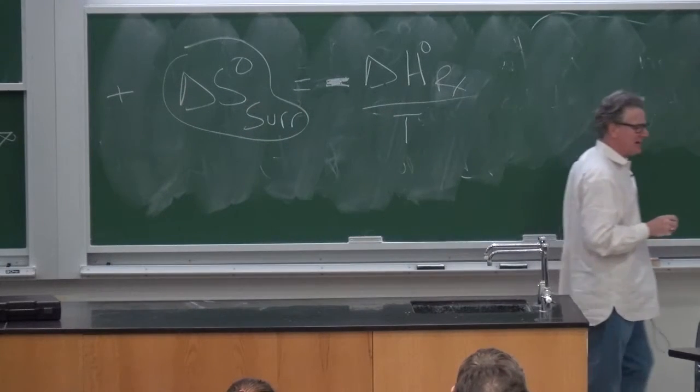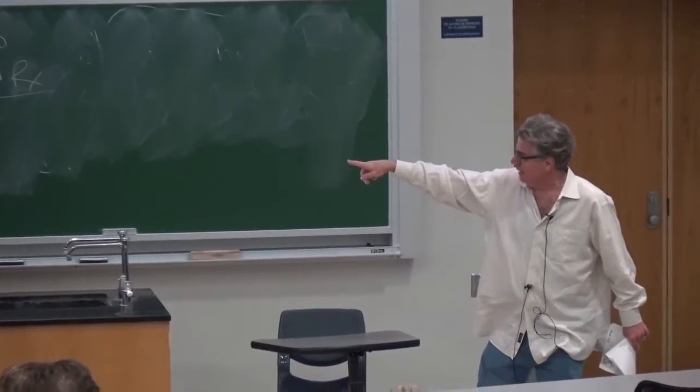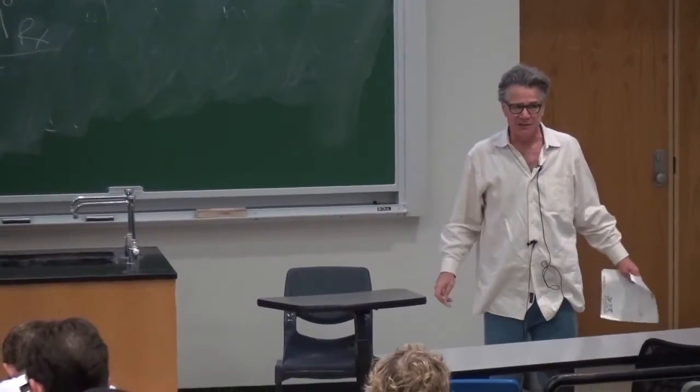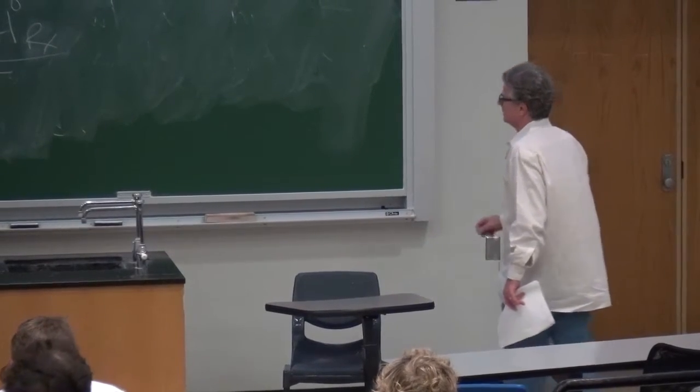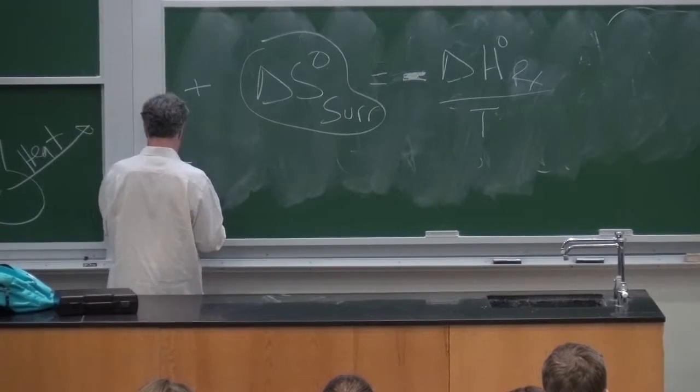That negative sign is there because if the reaction is exothermic and it releases heat out into the universe, then delta S has to have a positive sign. So let's just make sure we understand that concept.